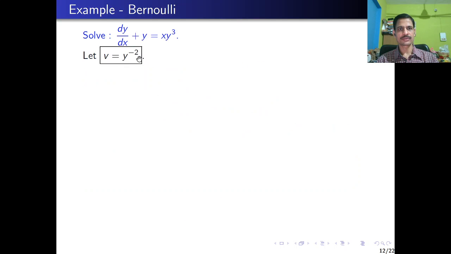So it is y raised to minus 2 is v. So we differentiate this. We get dv by dx is equal to minus 2 times y raised to minus 3 times dy by dx.